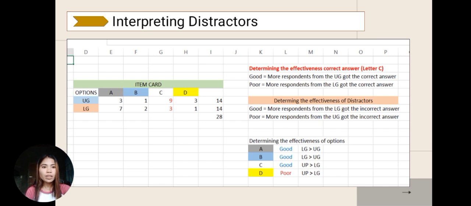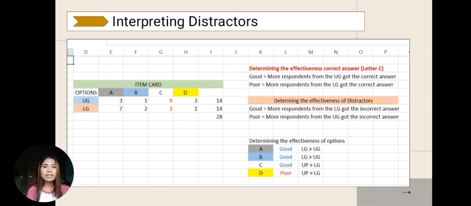Now, determining the effectiveness of distractors: it is good if more respondents from the lower group got the incorrect answer, and it is poor when more respondents from the upper group got the incorrect answer. In the item card, the distractors are good because more respondents from the lower group got the incorrect answers than in the upper group.